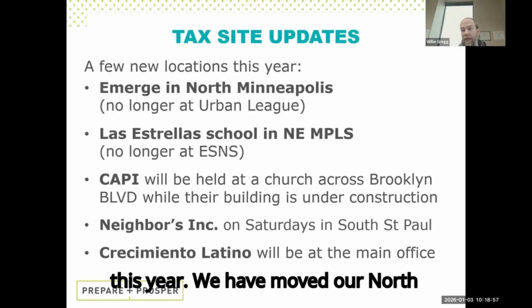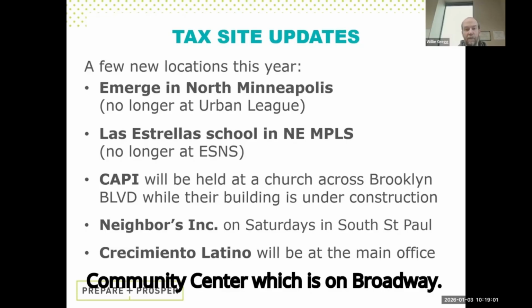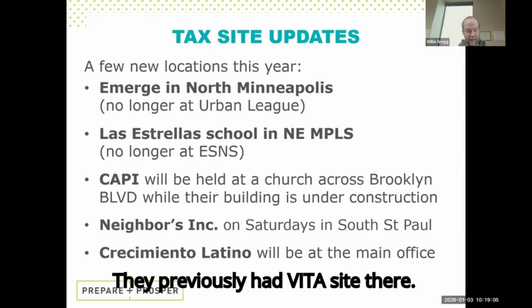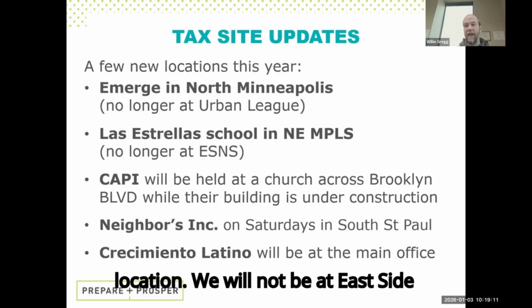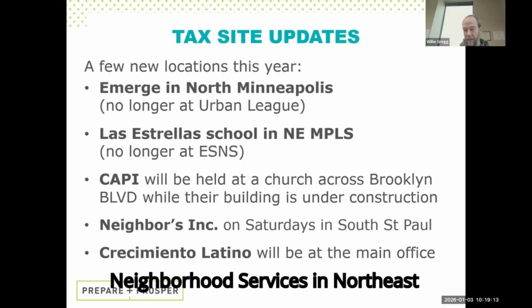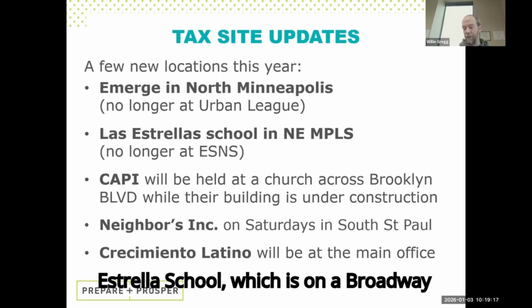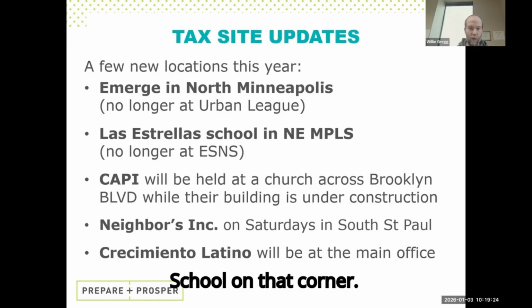We have moved our North Minneapolis site to Emerge Community Center, which is on Broadway. They previously had a VITA site there. So that will be our North Minneapolis location. We will not be at Eastside Neighborhood Services in Northeast Minneapolis. We will move to Las Estrellas School, which is on Broadway again, and University, the old Sheridan School on that corner.